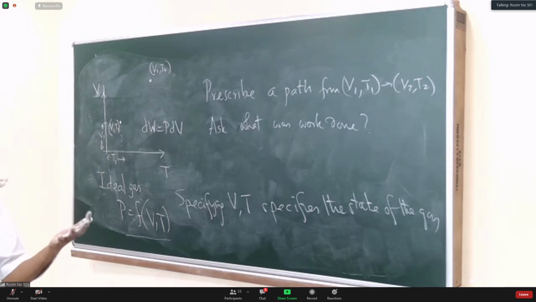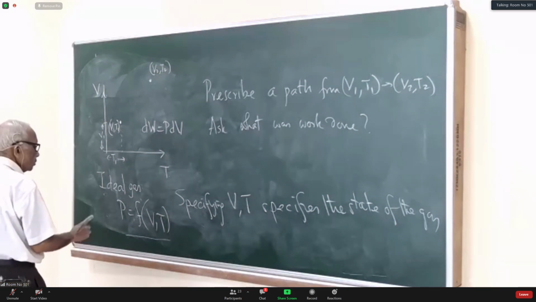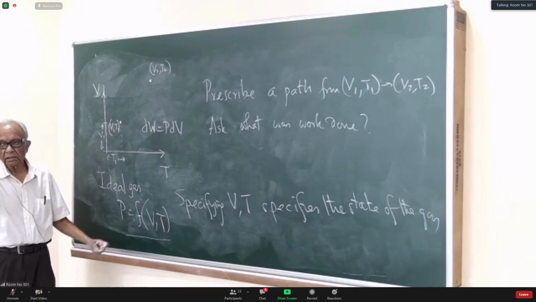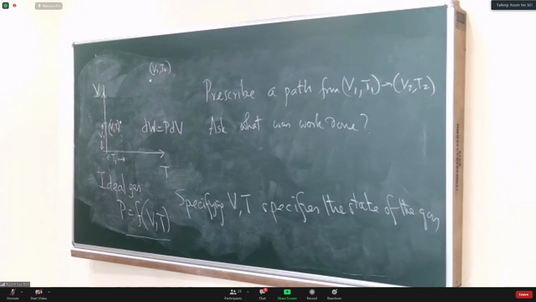So the dW is dq minus dE, and that dq is not. All right. So this PdV over here, I can't use it to calculate, unless I use this, and somebody also has to prescribe the path.